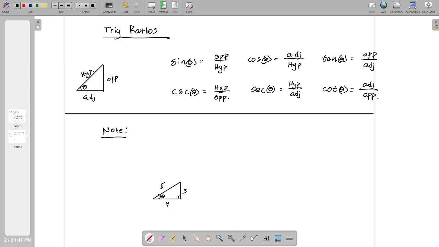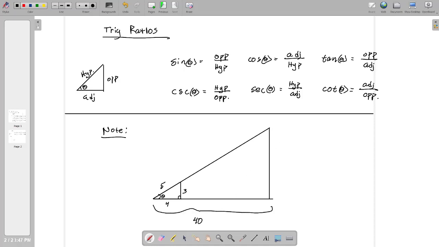So for instance, if we extend this triangle, but we keep the angle the same, suppose this side is 40, this side would then be 30, and this side would be 50.